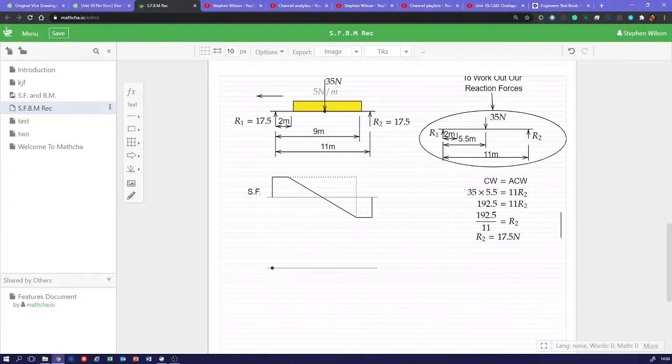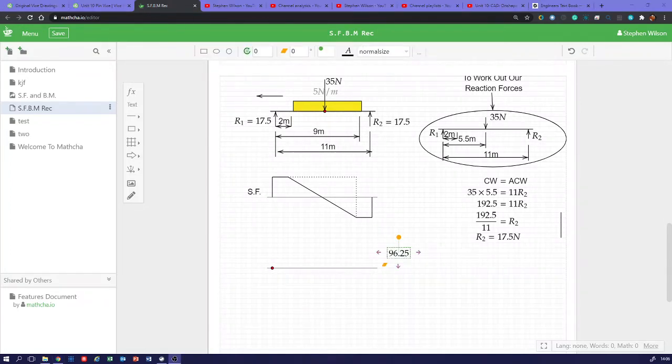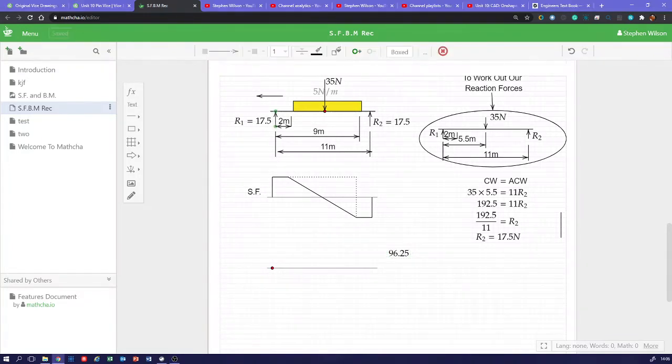So if we're taking moments about this point, then that's going to be 3.5 meters to the reaction force from our little red dot. Obviously, it doesn't matter whether we go left or right because it's the same calculation.